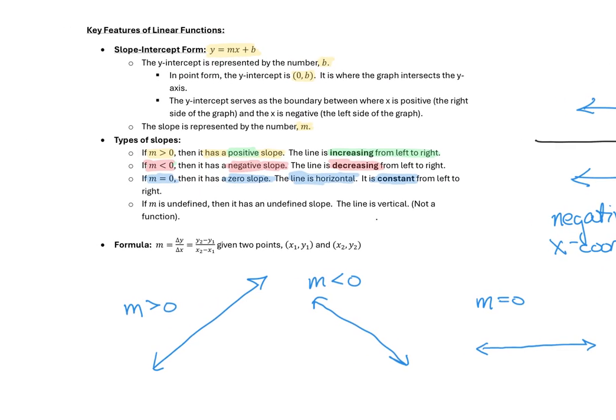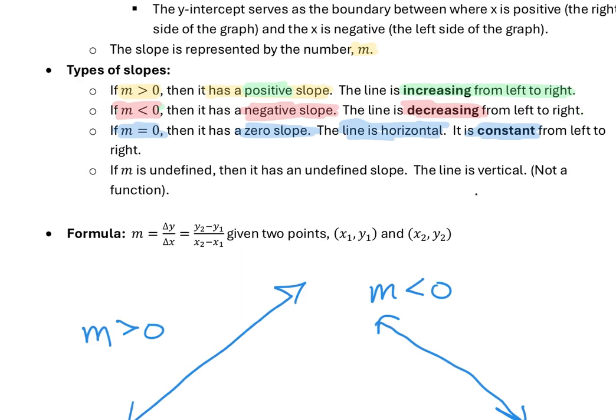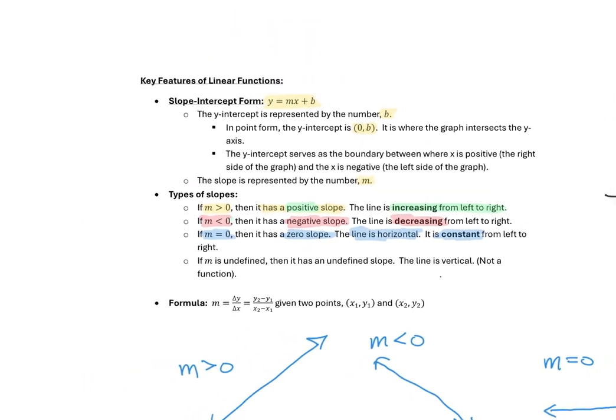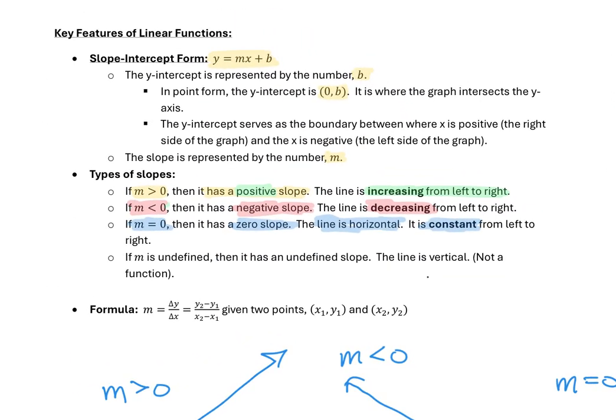Now, in terms of lines, we do have one more that we want to talk about, and that is we've got our positive, negative, and 0. The last one that we have is if m is undefined. Okay, this only happens with linear functions. And so if it is undefined, we say, okay, it has an undefined slope, and the line is vertical.